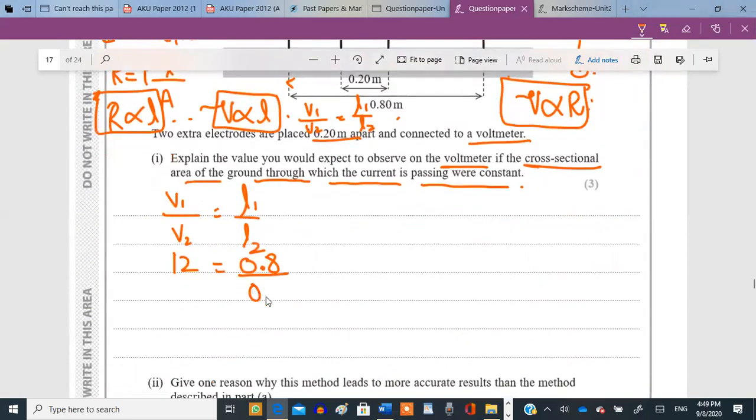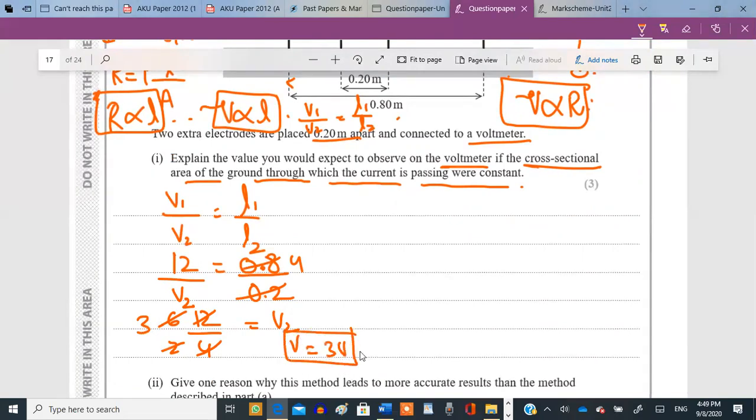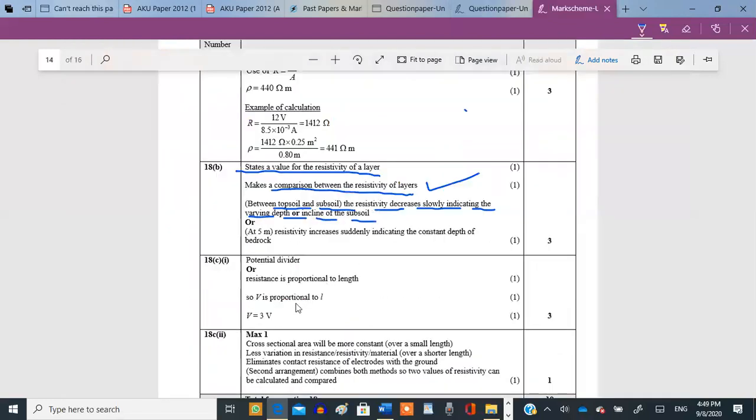So if this length is 0.2 meters, then what is the second voltage? Now to calculate the value for this, the ratio is going to be 4, and V2 turns out to be 12 upon 4, which is 6 upon 2 or 3, and so voltage should be 3 volts. Get it? 3 volts. Voltage is proportional to the length.